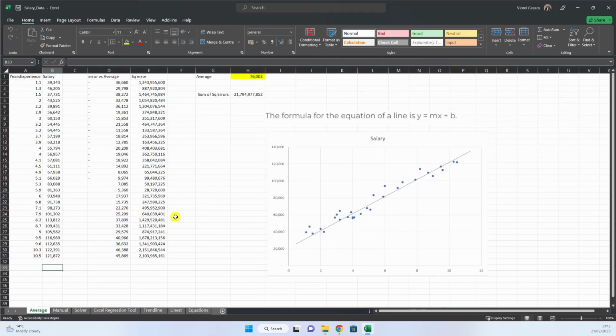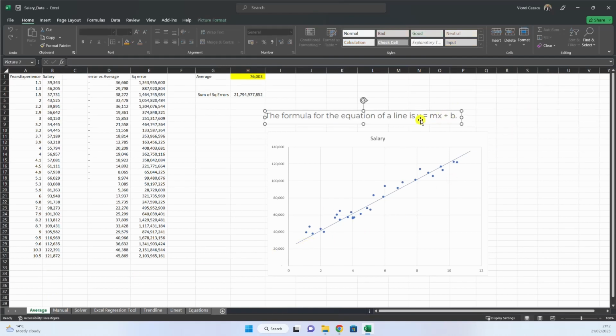We want to predict an outcome based on existing data. For example, here we have years experience and salary. We have this graph, and we want to have a trend line by an equation. So if we have, for example, 15 years here, we want to know what would be the salary.